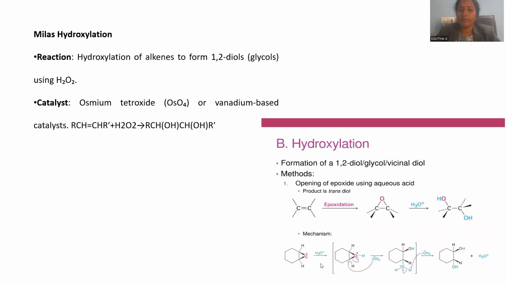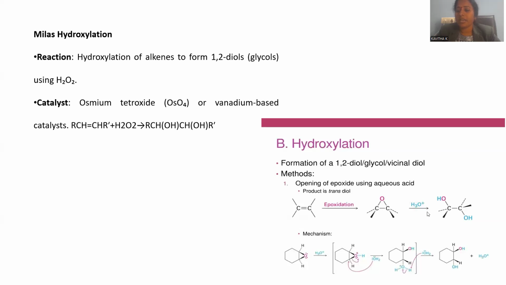alcohol. And Milas hydroxylation is another condition where an olefinic bond can be treated with hydrogen peroxide, giving rise to a vicinal diol. This is the kind of hydroxylation carried out. Wherever a double bond is there, that double bond is initially turned into an epoxide. That epoxide is further subjected to hydroxylation.